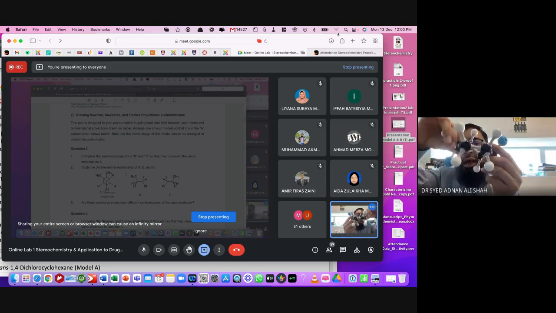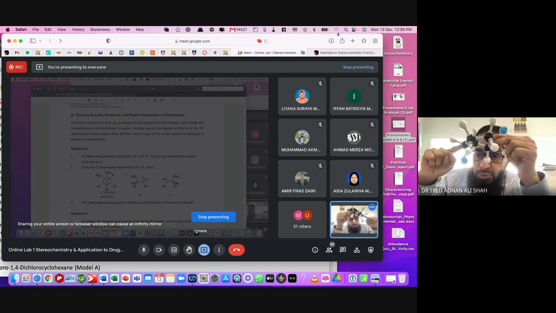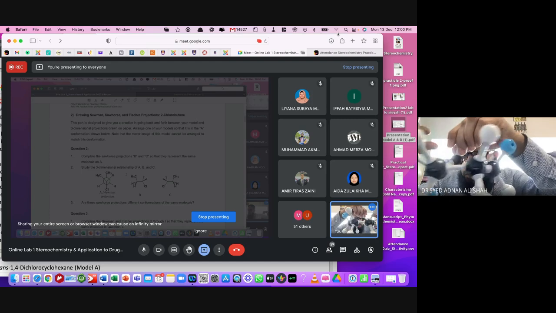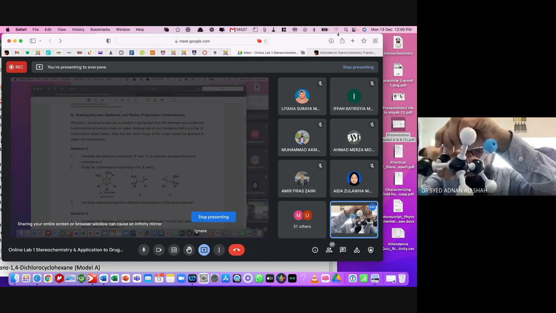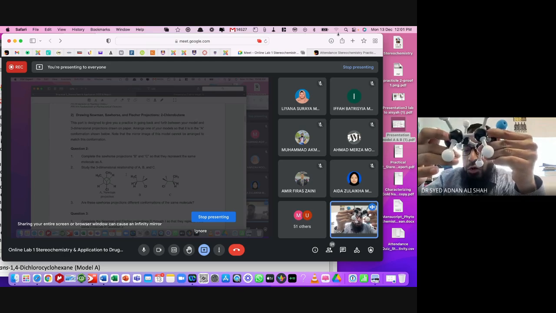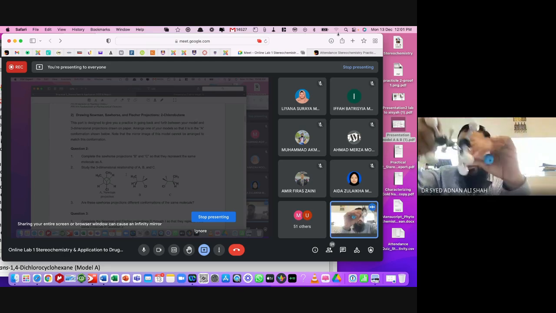So this one is pointed up, this one is down. This one you can see, this one top and this one down, right? I can show you this slowly. You can have a different conformation of the same molecule: this one moves up and this one moves down like this.